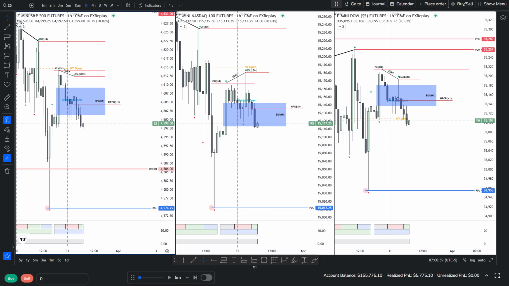So, with price being above the true week open, ideally we would like to see price trade above the midnight open, and this is what brings one of my other models into consideration, but we'll get to that in a second.